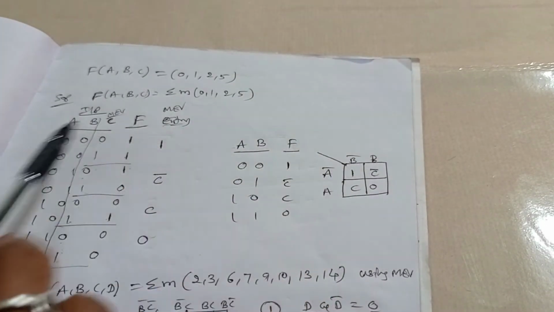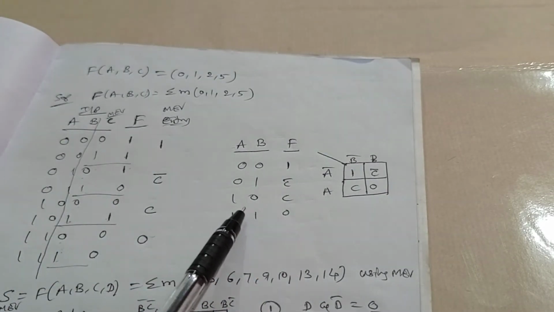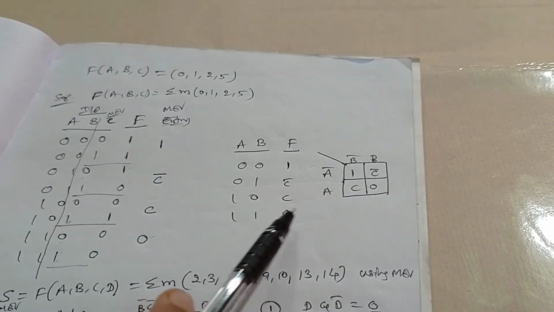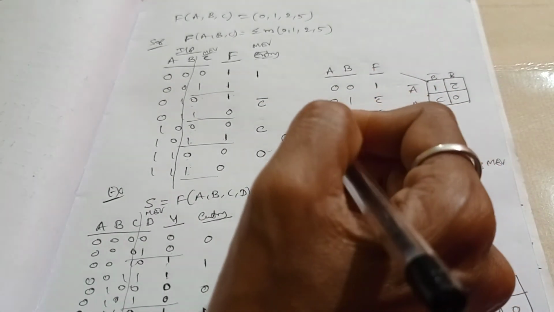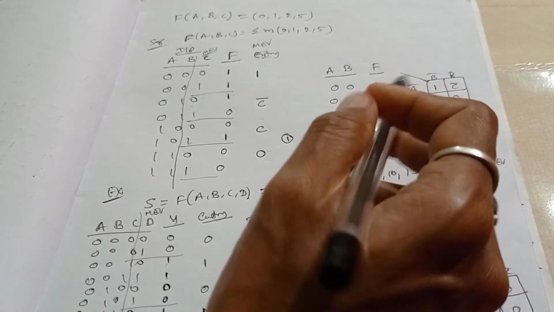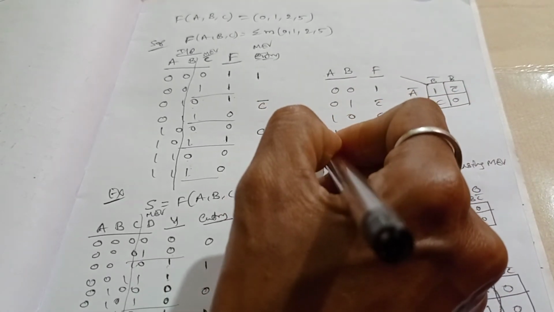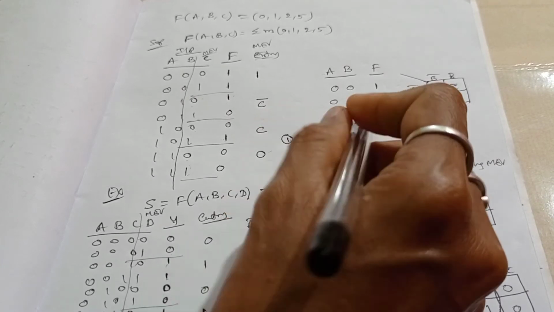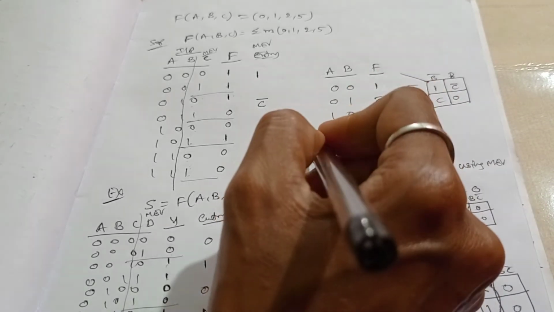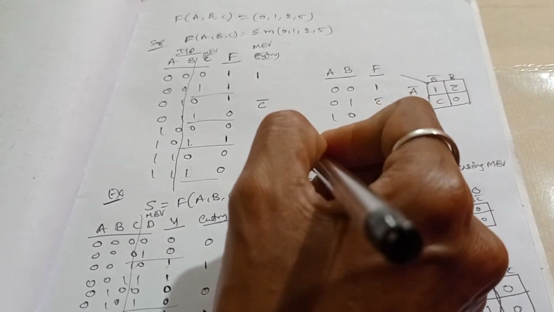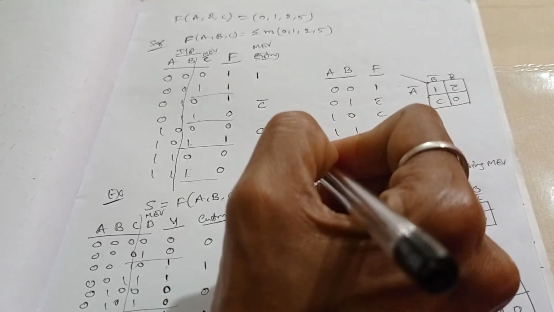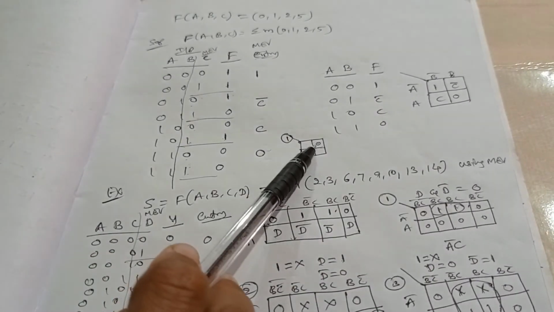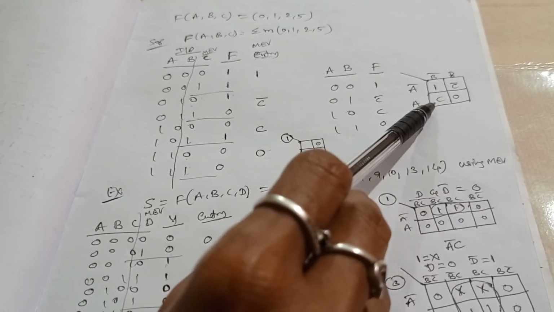This is how to solve, that is, minimize the expression. There are 3 steps to get the minimized expression from this K-map. The first step is to place zeros where there is a C and C bar.